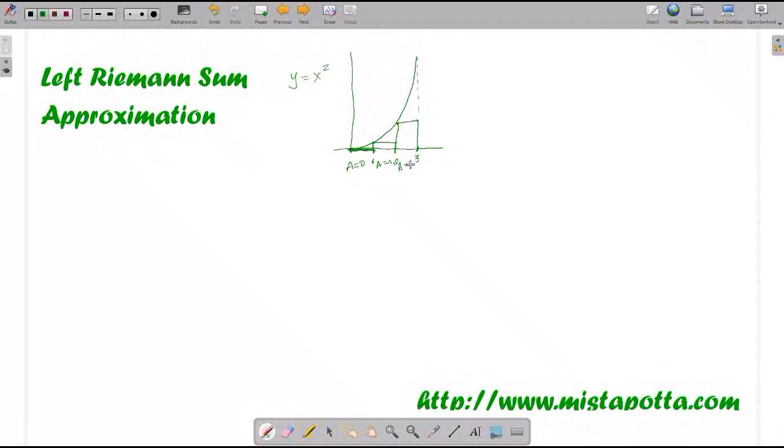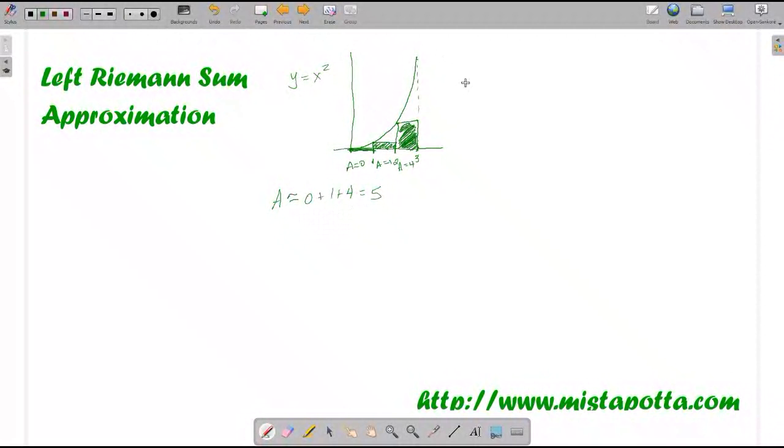So my area is 4. So if I'm approximating using these left rectangles, where the height of my rectangle is determined by the left endpoint, then my area is approximately 0 plus 1 plus 4, an approximate area of 5 square units.